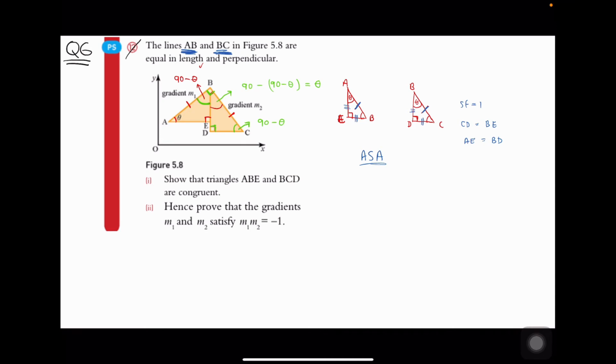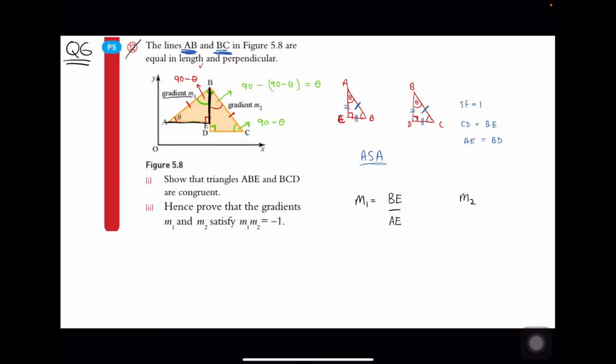Hence, prove that the gradients M1 and M2 satisfy M1 M2 equals -1. So gradient M1 is of course the change in y over change in x. So the change in y is BE, the length BE. Change in x is AE. So I will write M1 equals BE over AE.